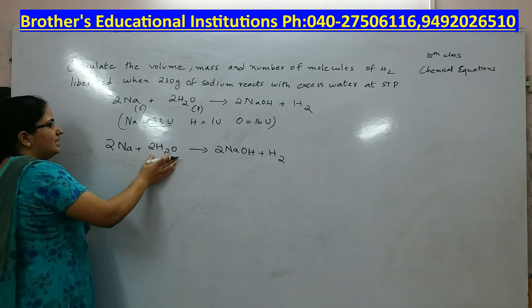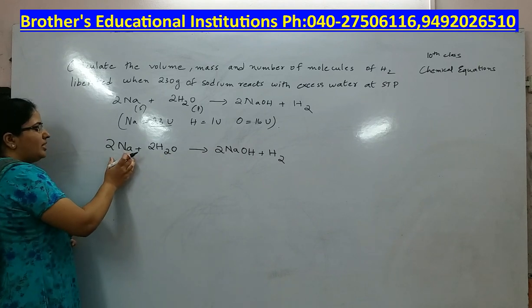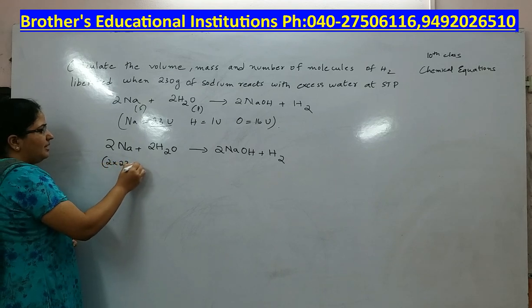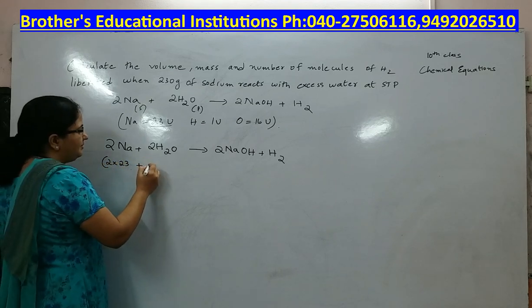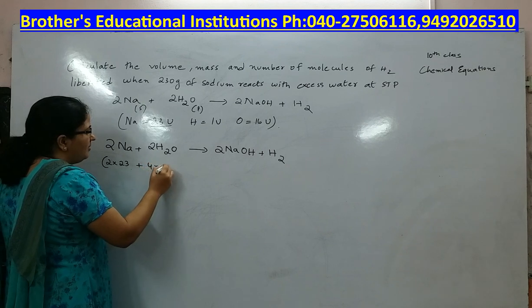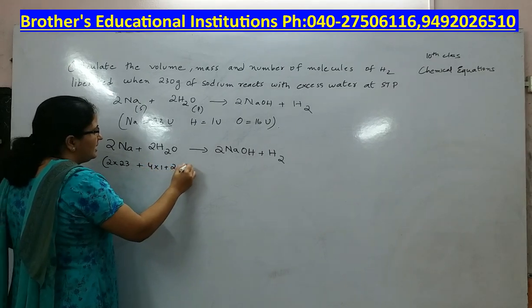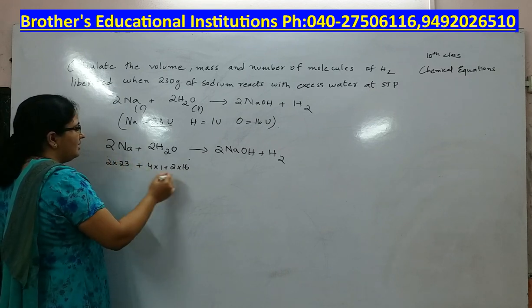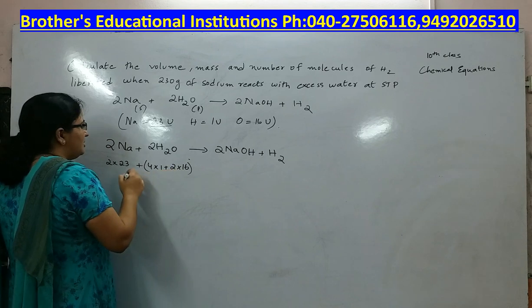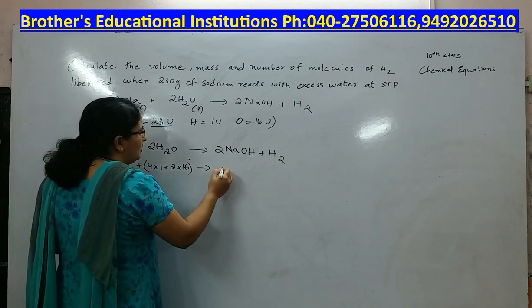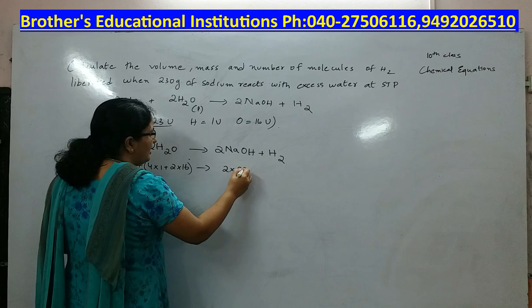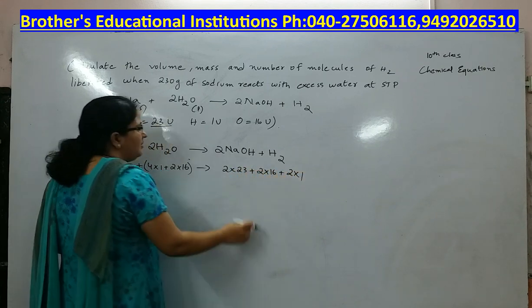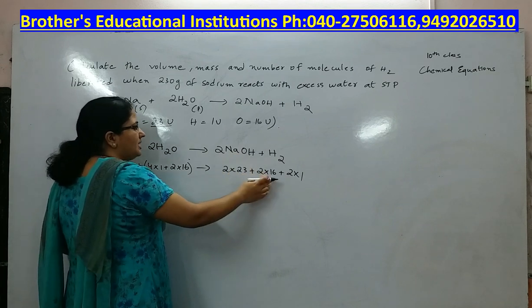So let us calculate the masses of individual molecules here. 2Na, that is 2 into 23, plus 2 into 16 plus 2 into 1, because hydrogen mass is 1, oxygen mass is 16.